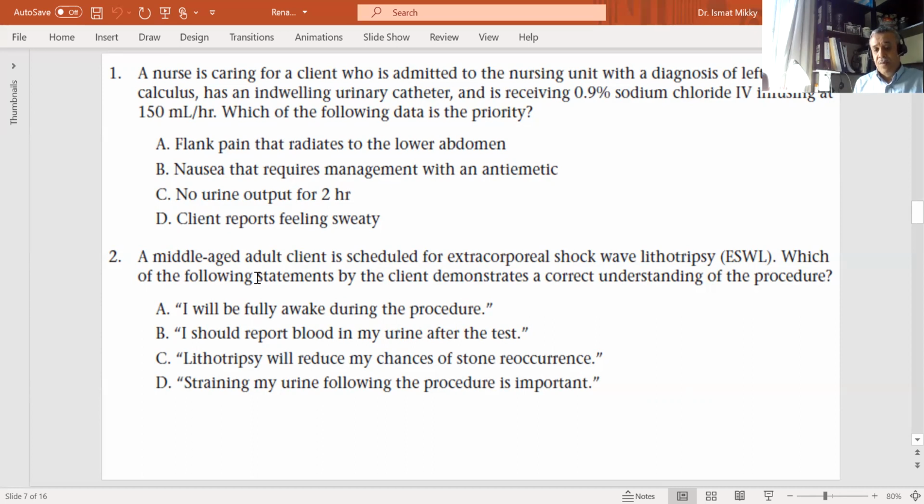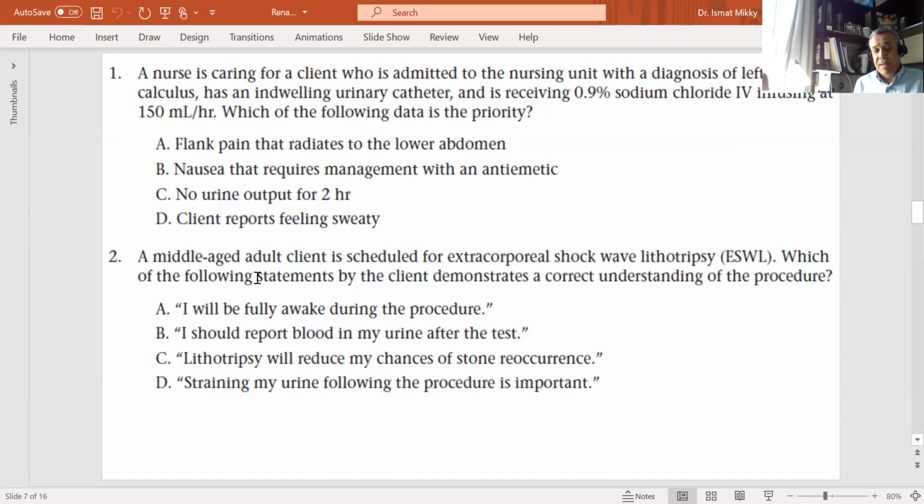Number 2, the answer is straining the urine following the procedure is important. I just highlighted this earlier, straining the urine and capturing the stone will allow for analysis of the stone. The client will receive moderate sedation during the procedure, which is the ESWL, extracorporeal shockwave lithotripsy, which they usually call lithotripsy as a short term.